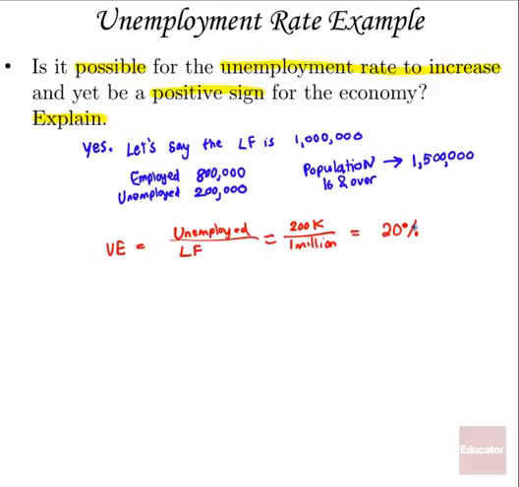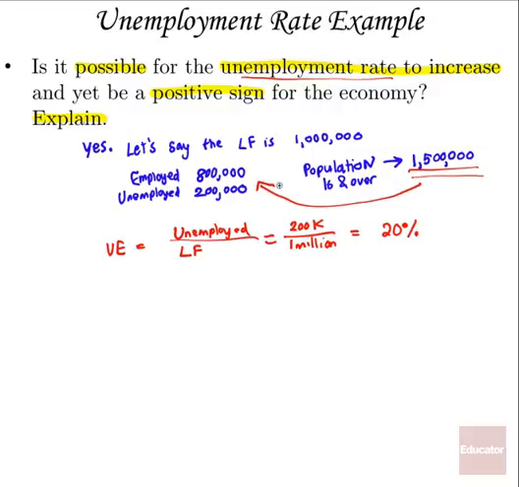So, is it possible for the unemployment rate to increase and yet be a positive sign for the economy? What we discussed is that discouraged workers, it's not necessarily a good sign, but it's not reflected in the unemployment rate here. So a good thing might be, some of the 500,000 people that are not working, maybe they jump into the economy.